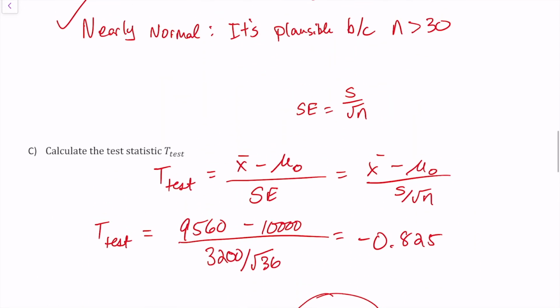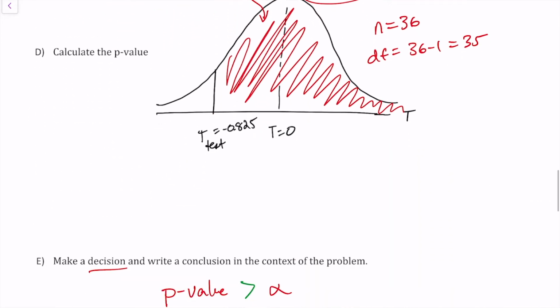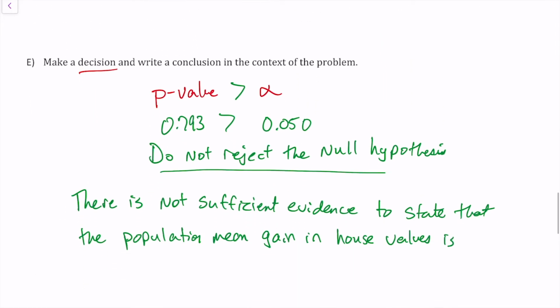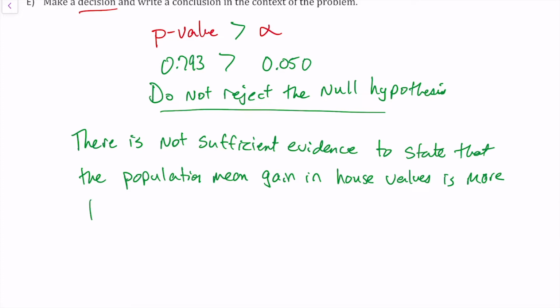What were we trying to test? That comes from your alternative hypothesis. We were trying to test if the mean was greater than $10,000. And so by us not rejecting the null hypothesis, we're saying there's not enough evidence to say that that's true, that the mean is greater than 10,000. So there is not sufficient evidence to state that the population mean gain in the house values is more than $10,000.